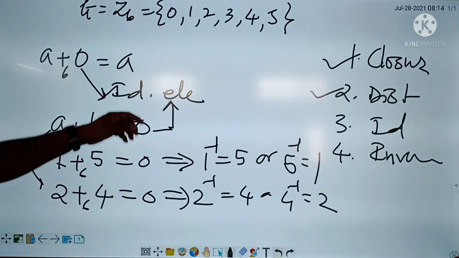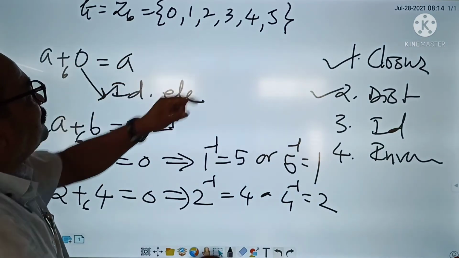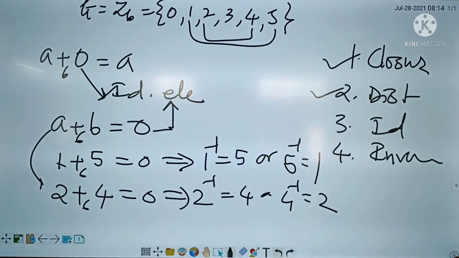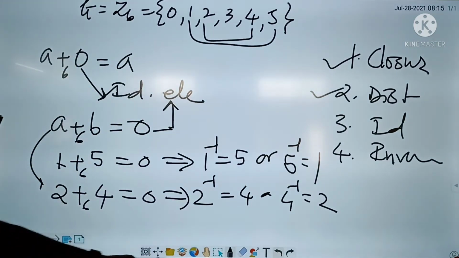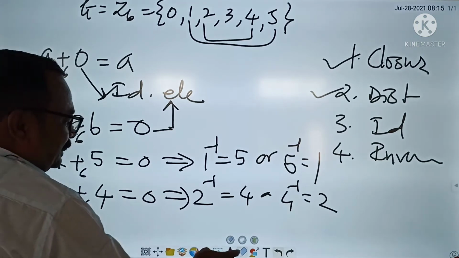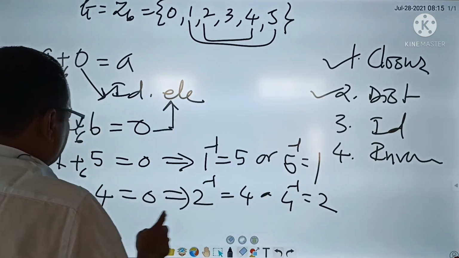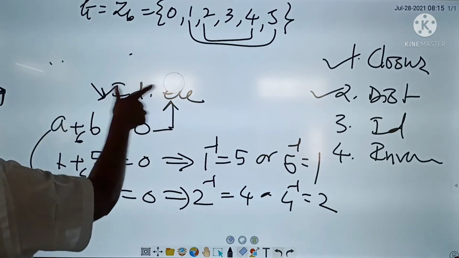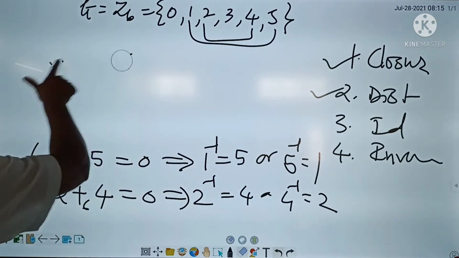So we get the inverse of 1 is 5, the inverse of 2 is 4, in this way. Then we can take a different one. Okay, now see.